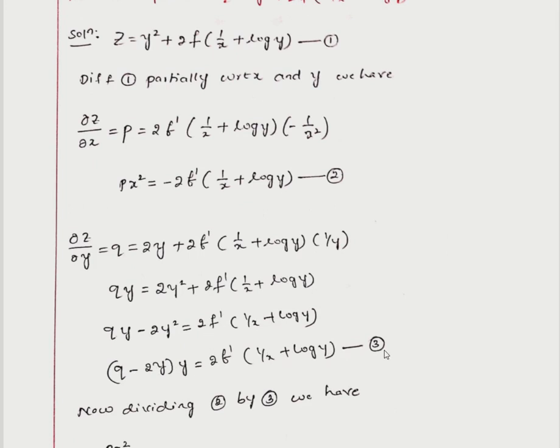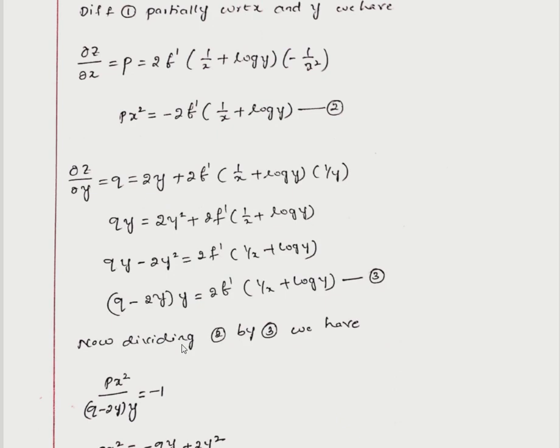Call this equation 3. Now, dividing equation 2 by 3: p into x square divided by q minus 2y into y is equal to, equation 2 divided by 3, the same terms get cancelled, and we get minus 1.